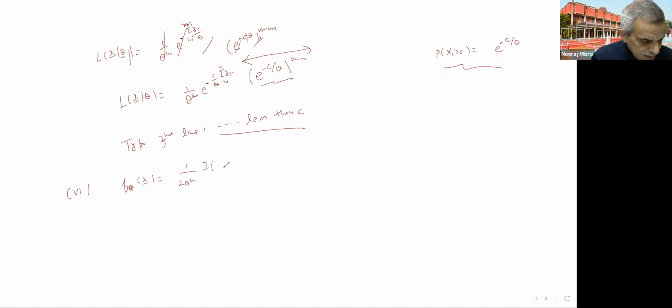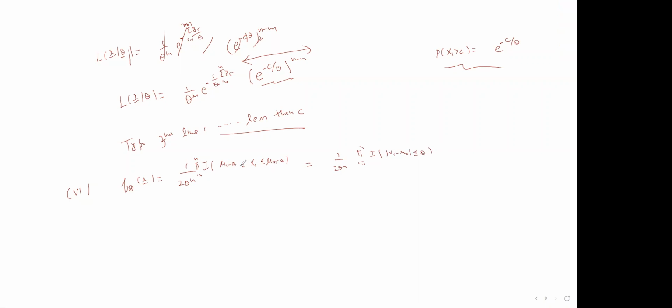Let's take the indicator of mu naught minus theta less than or equal to xi less than or equal to mu naught plus theta, product i equal to 1 to n, which is the same as 1 by 2 theta to the power n times the product of the indicator of modulus of xi minus mu naught less than or equal to theta. Is that okay? Yes, sir.